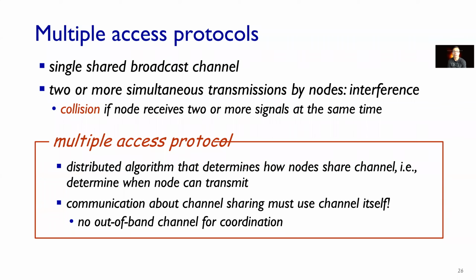Now, remember, interference is something you consider from the perspective of the receiver. So if a node is receiving 2 or more signals at the same time, then we have what is referred to as a collision. Mind you, this is not a physical collision. We are not talking about physical objects colliding.